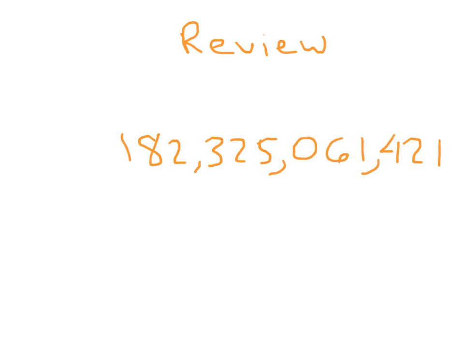Alright, first off, read this number. Did you say 182,325,061,421? Remember, no ands. What digits are in the billions period? Should have said 182. We could say 182 is in the billions period.